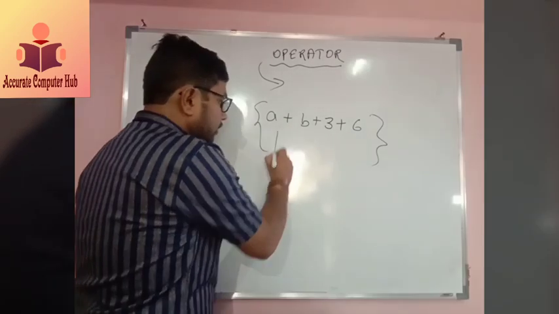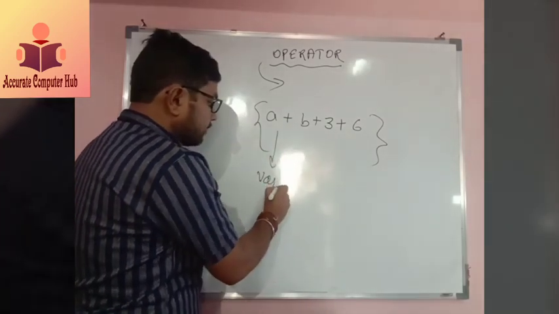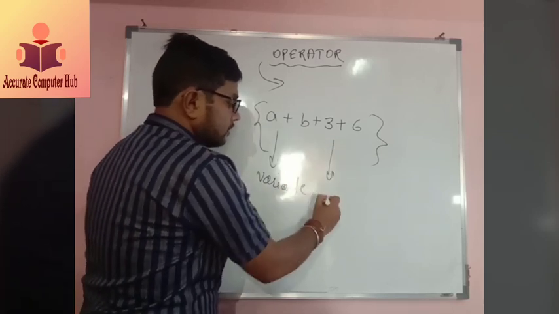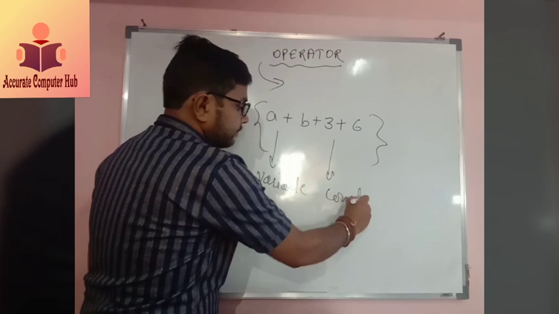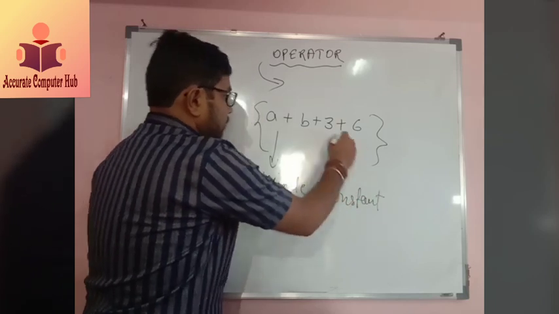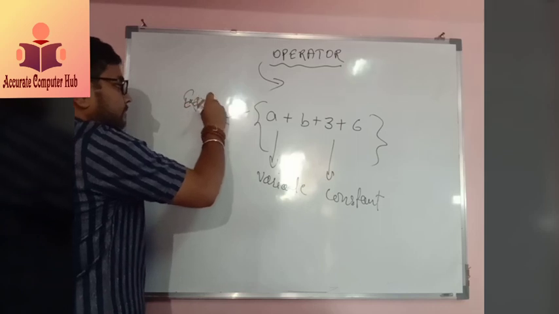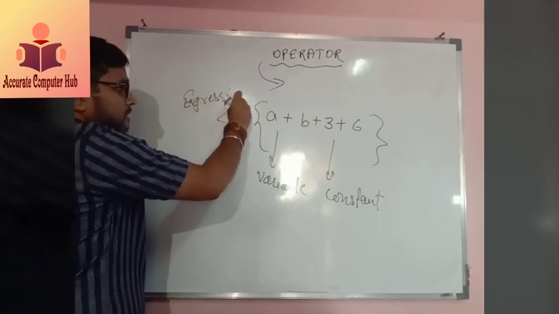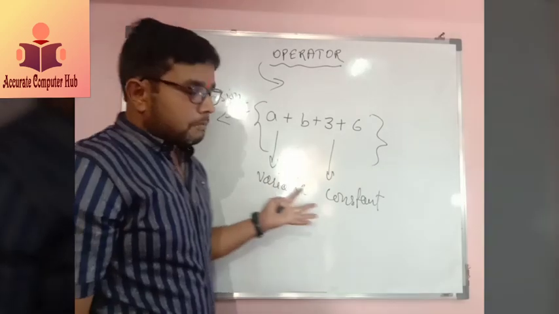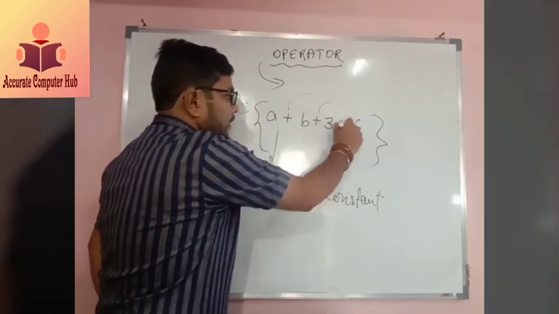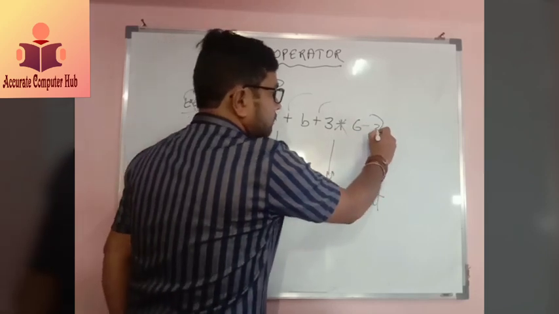An expression is a collection of variables and constants. A is a variable and 3 is a constant. This is the definition of an expression: an expression is the combination of variable, constant and plus or into or minus.